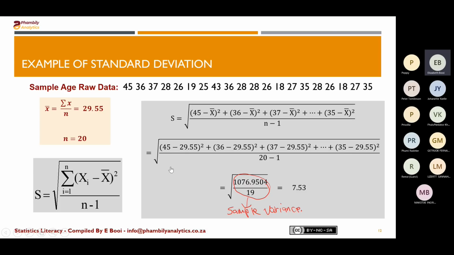Every value, write the answer, and then add all the values and write your answer there. That's how you can resolve your questions without any challenges. Otherwise, to tell you the truth as well, in the exam, they will not give you a 20 data set like this because in the exam, you are writing against time.